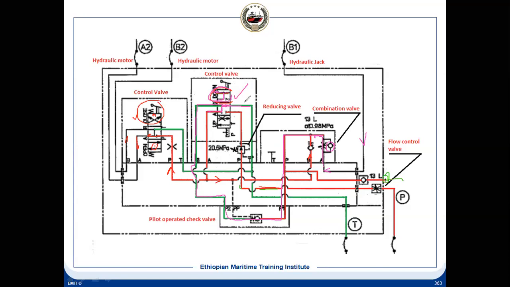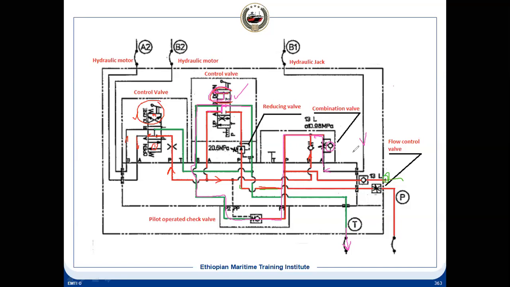Suppose this is the position. So what will happen? All the pressure will get released and go to the tank. This is the return line. So the hatch cover will drop slowly, because the jack is moving very slowly, but when it is lifted, it was faster, because this combination valve is there. Always you'll have this kind of arrangement to avoid any damage.